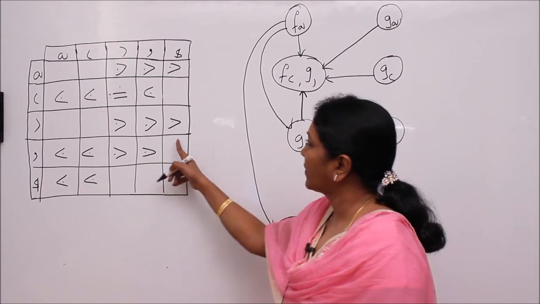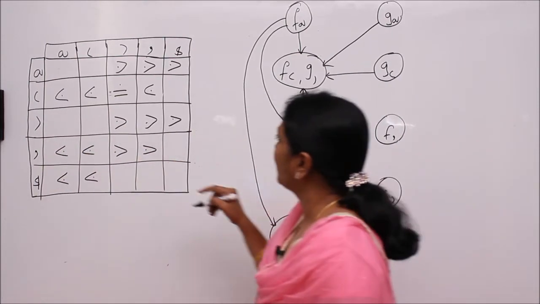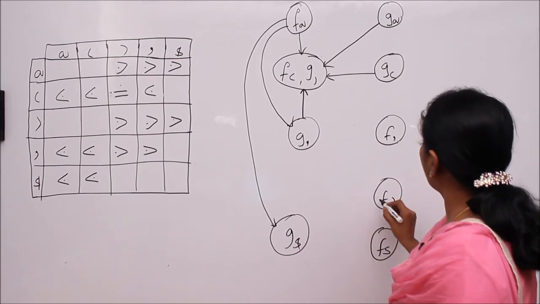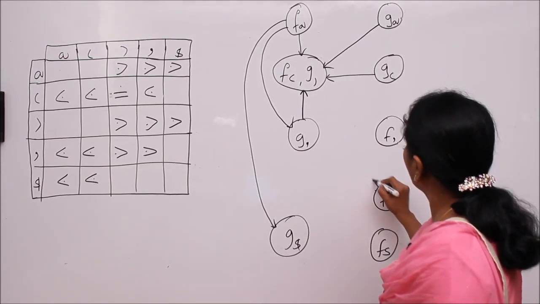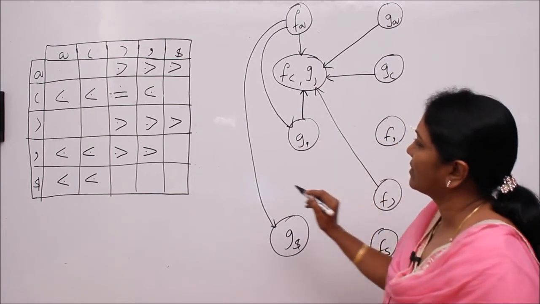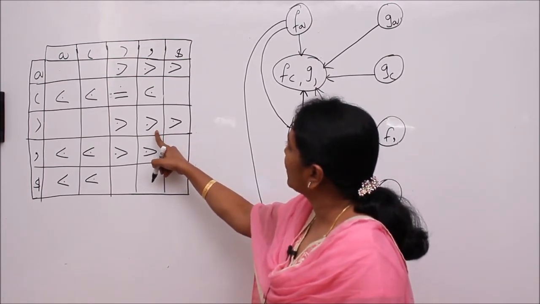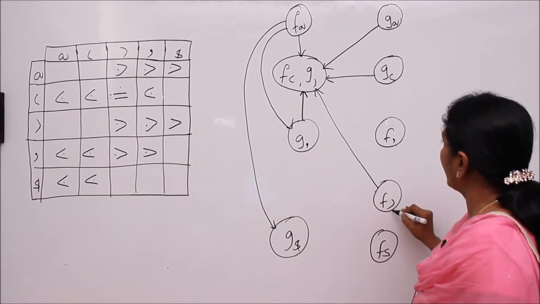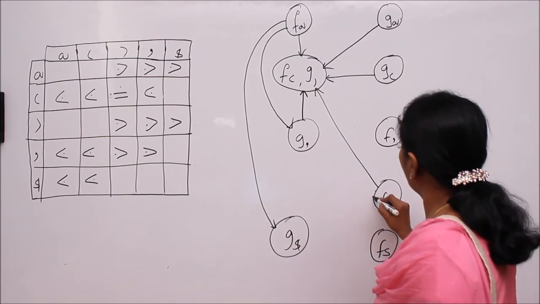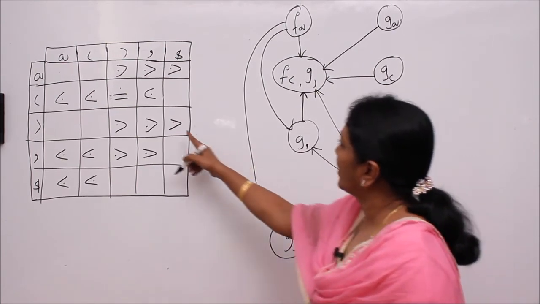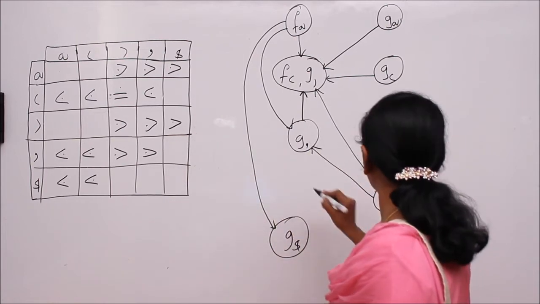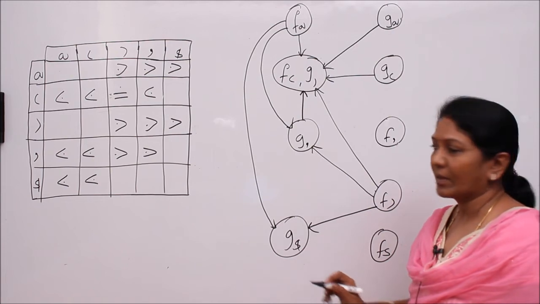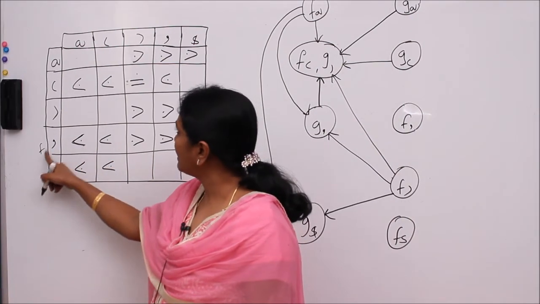Now coming to this: f right parenthesis to g right parenthesis, f right parenthesis to g comma, and f right parenthesis to g dollar. Coming to this, look at this, this is f and this is g.